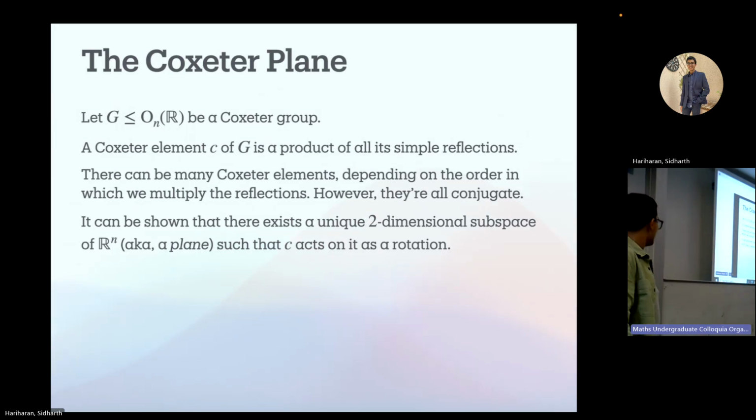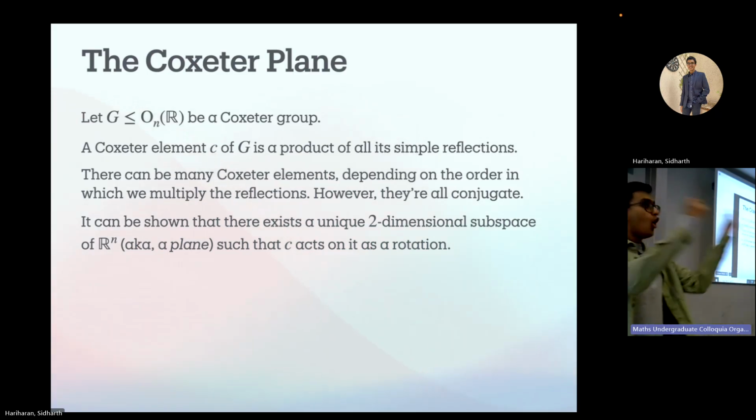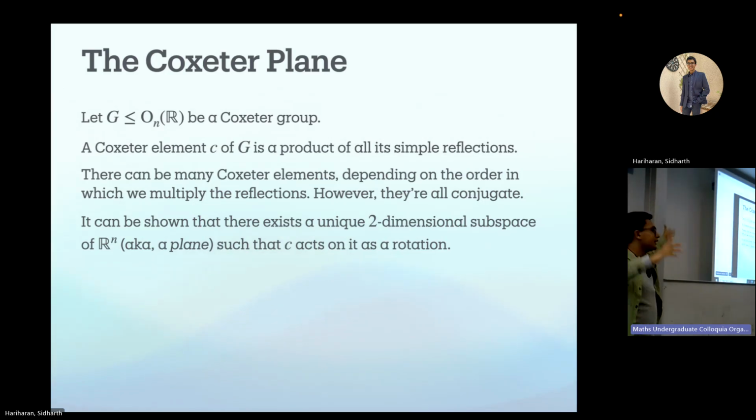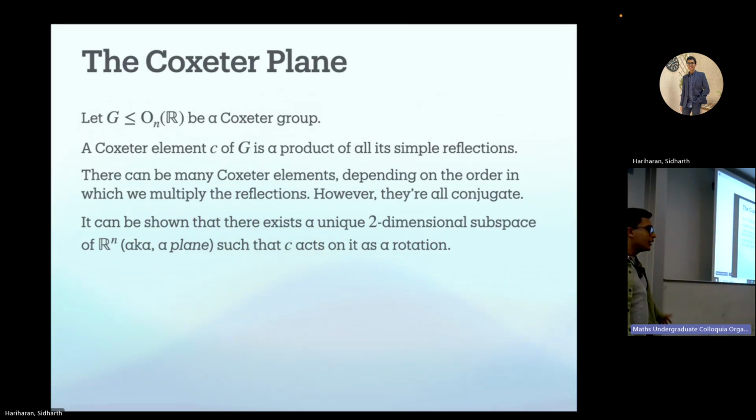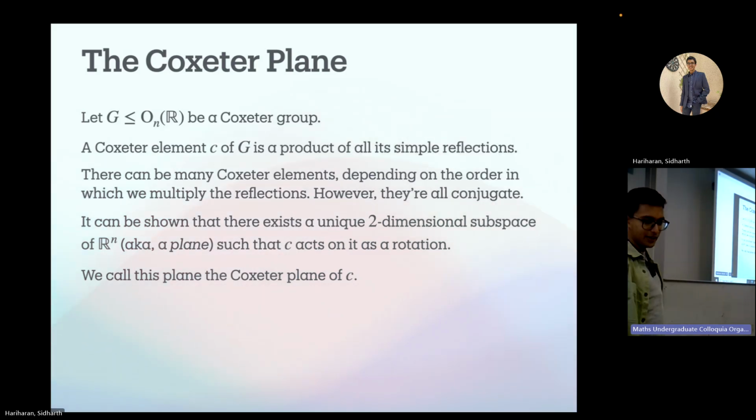And it can be shown that there exists a unique two-dimensional subspace within R^n, i.e. a plane, such that on this particular subspace, the Coxeter element acts as a rotation. So the Coxeter element is something that transforms the entire space. You restrict that transformation to the specific plane, and all of a sudden it's a rotation, which is quite nice. So we call this plane the Coxeter plane of this Coxeter element.